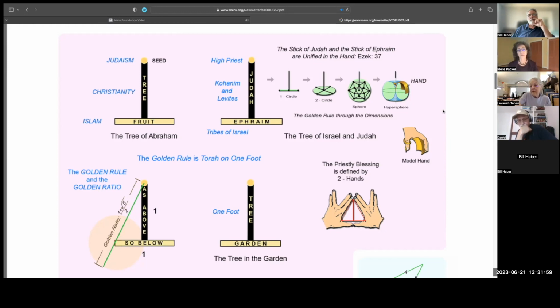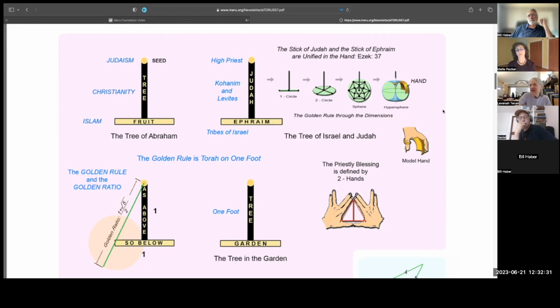It's not obvious from this particular sequence, but there are other places where he shows that this hand model is actually the equivalent of the line that goes from the center to the infinite. At any rate, this is relating to Ezekiel 37.